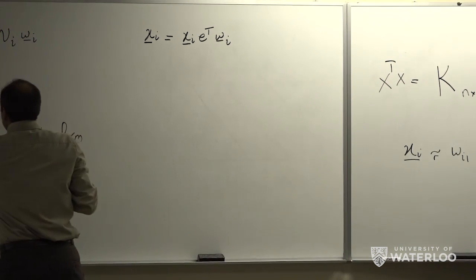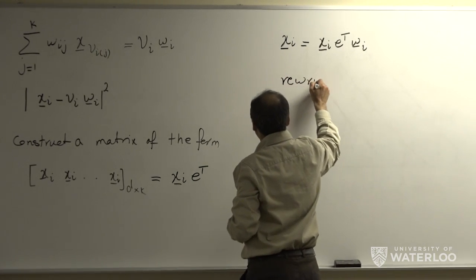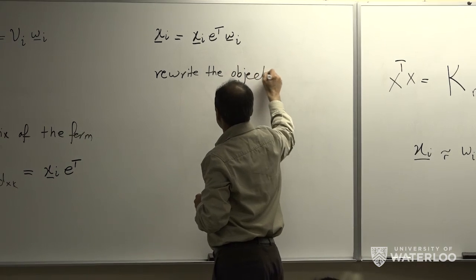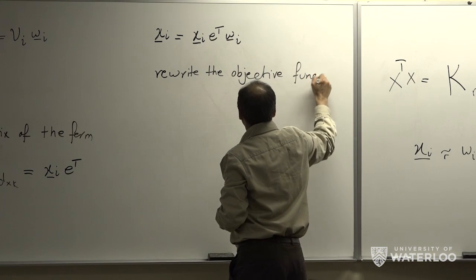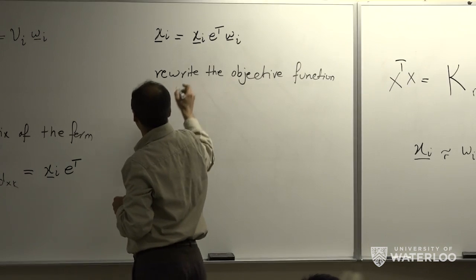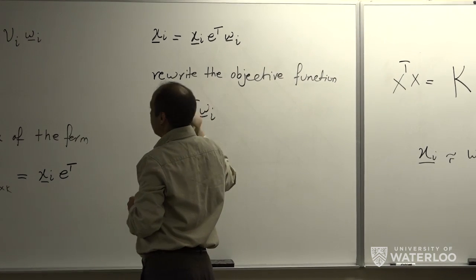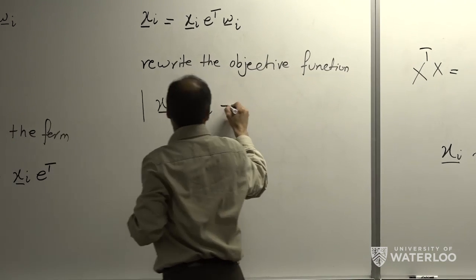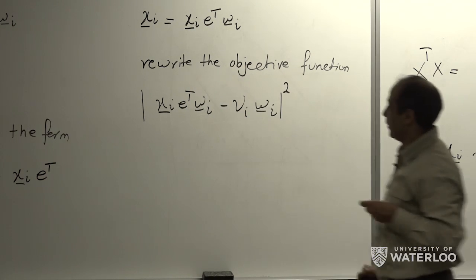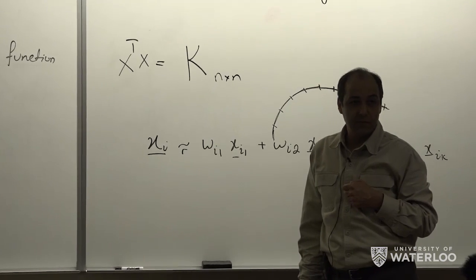Let me rewrite this objective function with this notation. It would be xi E transpose Wi minus Vi Wi. That's the objective function that I would like to minimize.